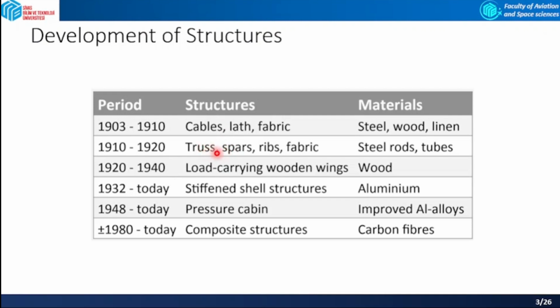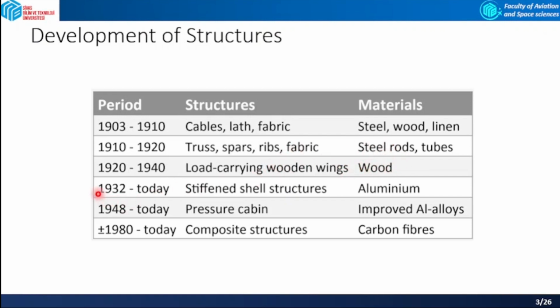Of course, they had the wooden wings, and the structures were made of, for example, steel tubes, steel wires, linen, and other textiles. And of course, you had wood in this structure.